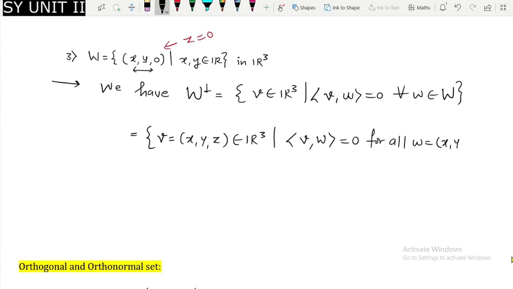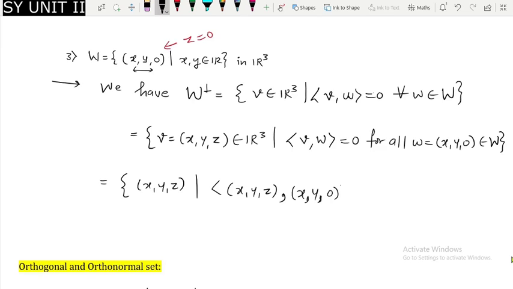Now I will simply write (x, y, z) such that I put the value of V as (x, y, z) and the value of W as (x, y, 0), and the inner product is equal to 0.